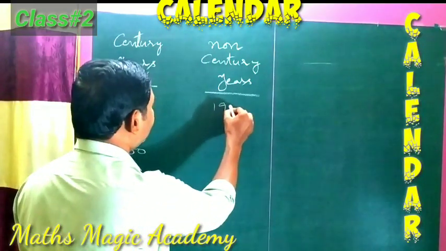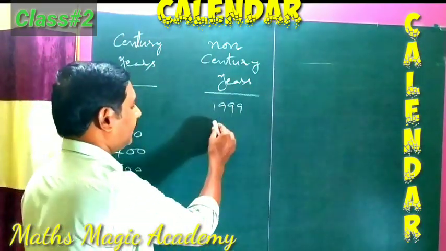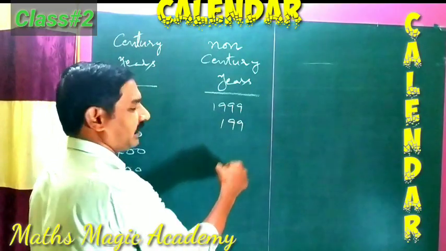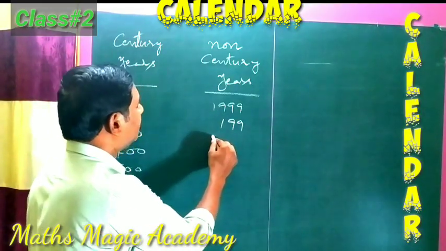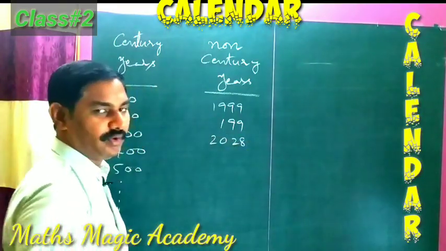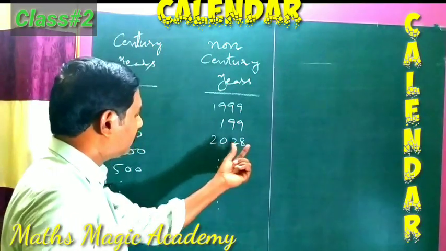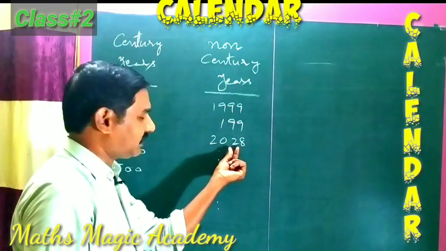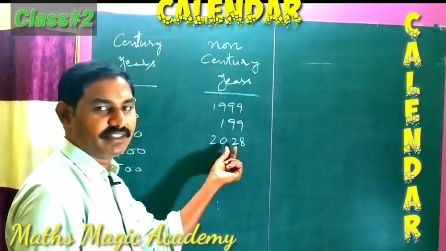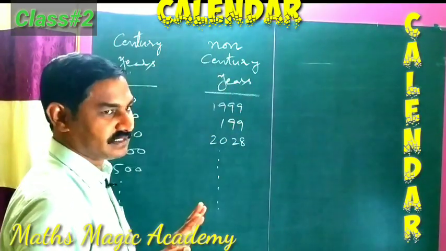Like 1999, or 199, or 2028. Likewise, all these numbers whose tens place and units place do not end with 00 are called non-century years.